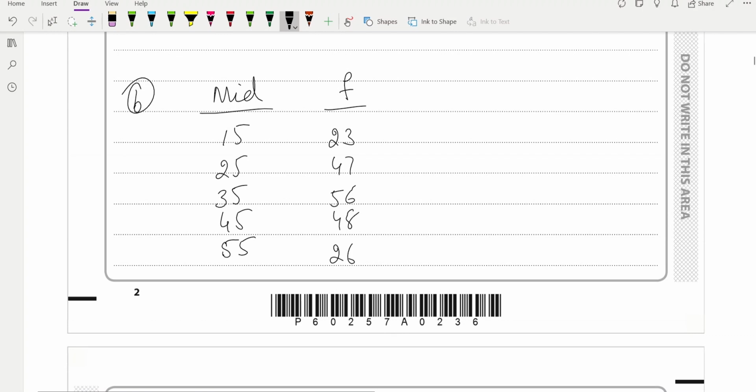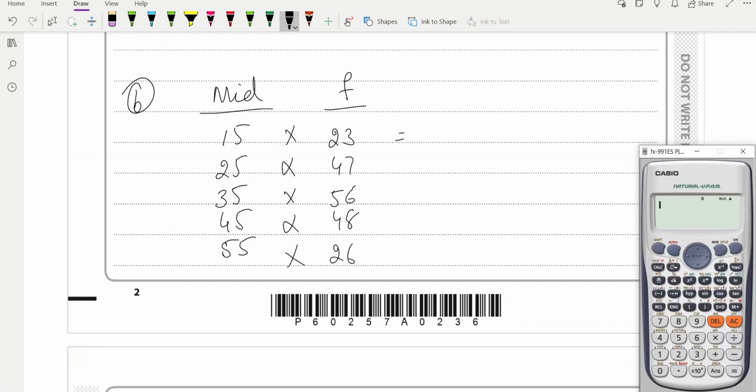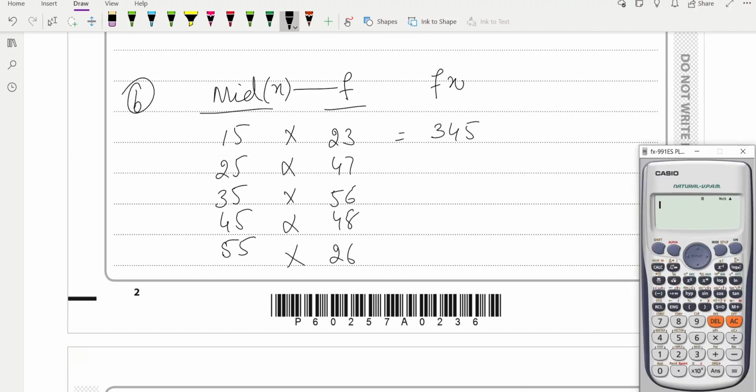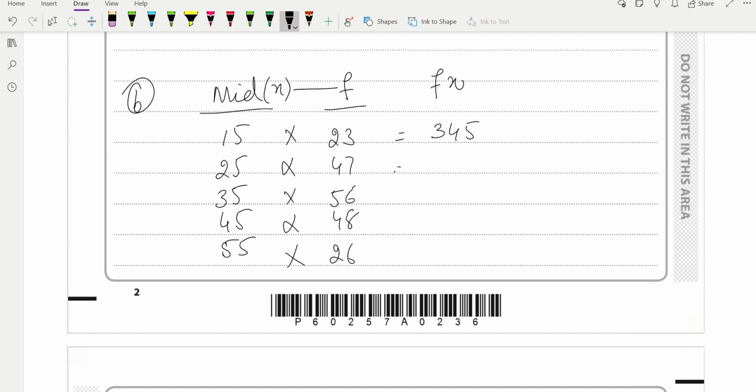Now the formula: we have to multiply these. 15 multiplied by 23 is equal to 345, and if this is x, we can write here fx. These two values are being multiplied. Next is 25 and 47, which is equal to 1175.